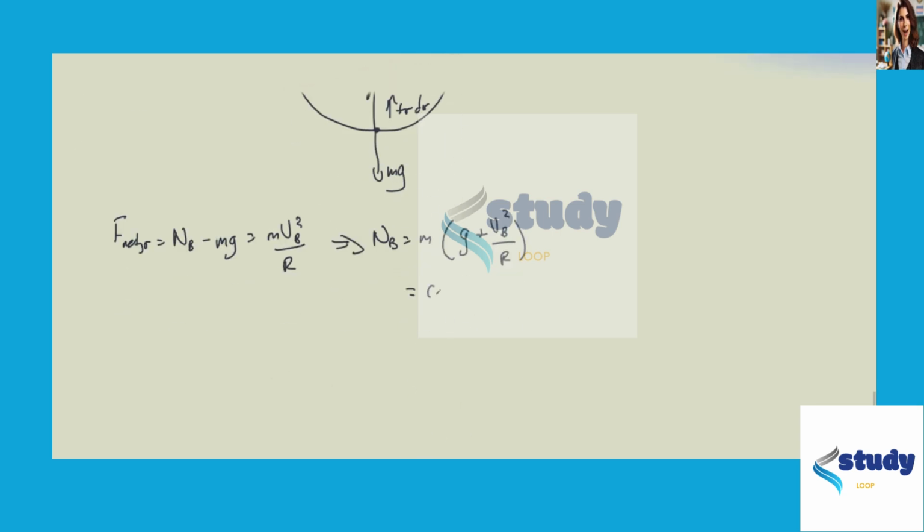And this is equal to 0.2 kilograms times 9.8 meters per second squared, plus 2.8 meters per second, that whole quantity squared, over 0.5 meters. And this works out to be 5.1 newtons. That's the normal force at point B. That will be the largest because it's got everything going against it.